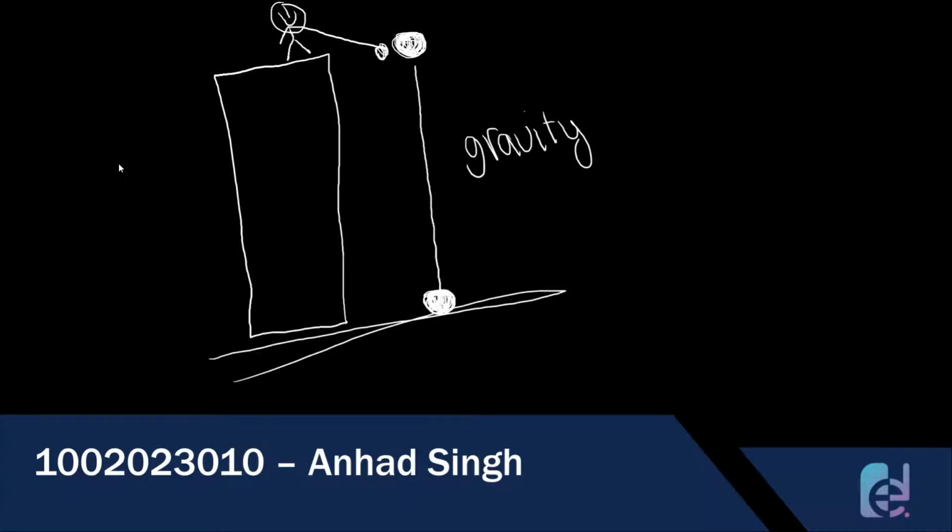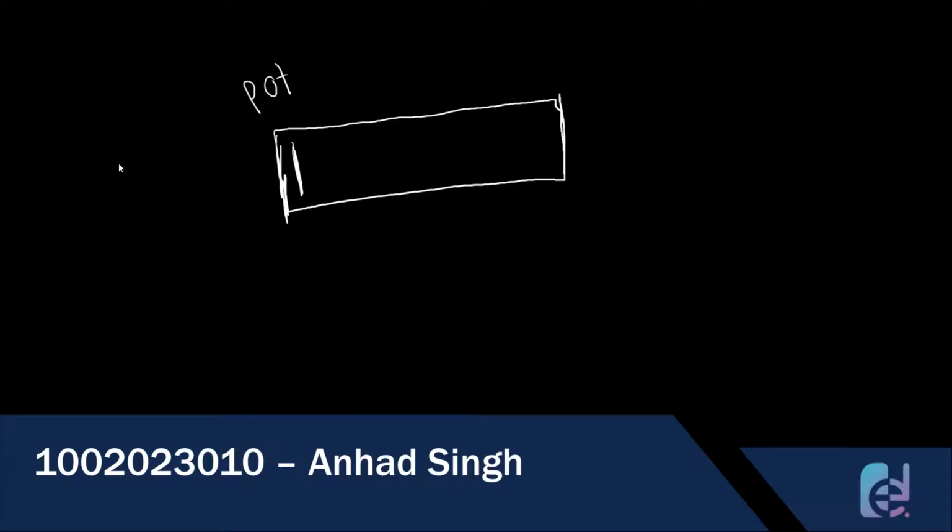And just like that, you can also think of potential difference like giving one side of the electrons, the side over here, a lot of potential energy, and this side is going to have low potential energy.